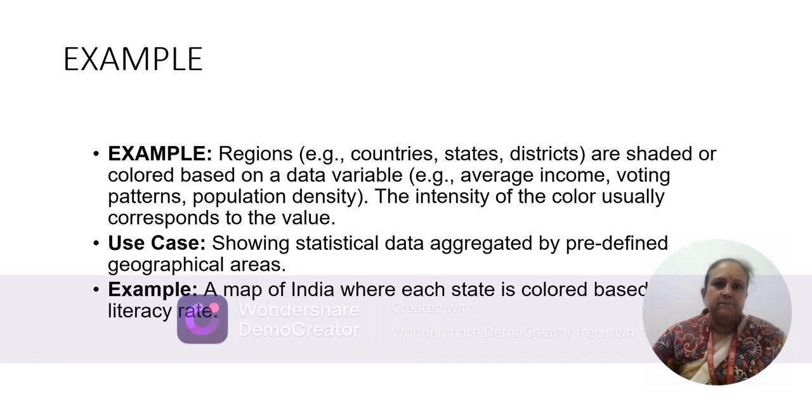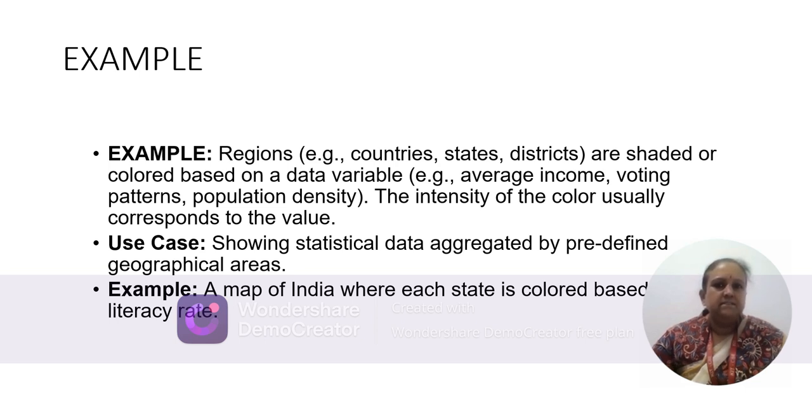So, regions are shaded in a color based on a data variable like average income, voting patterns, or population density.